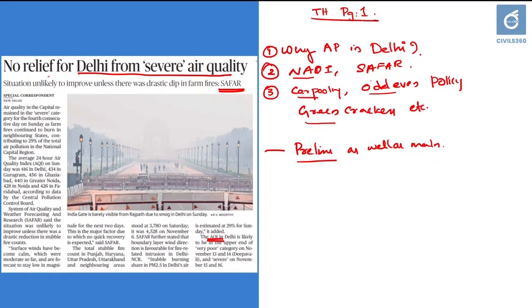You need to understand the basic function of these, and after that, for mains, in the GS3 paper there is a section on environment. In that section you need to identify the issues related to air pollution, and the issues in Delhi should be related to the mains perspective. This is the second topic, taken from The Hindu page 1.